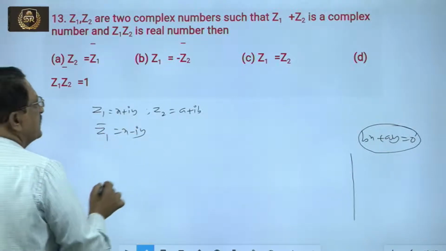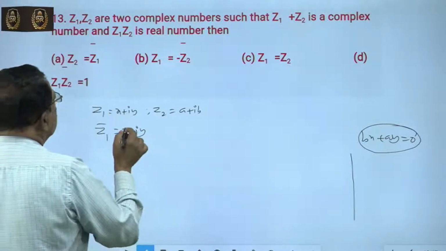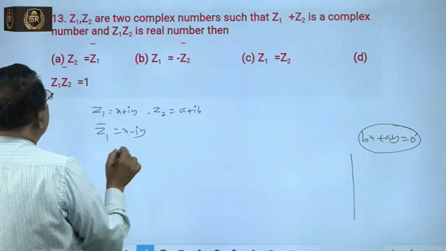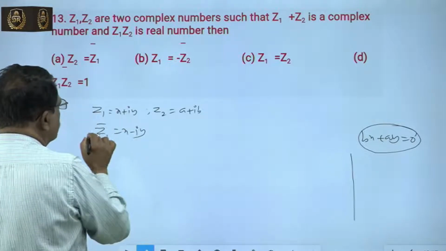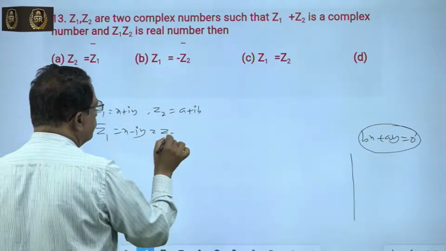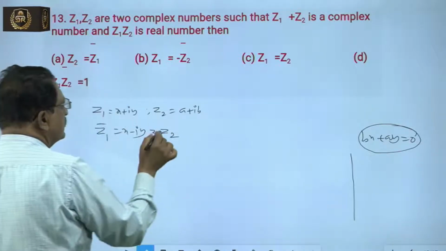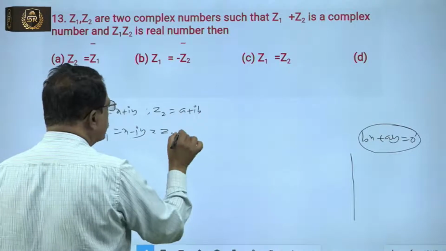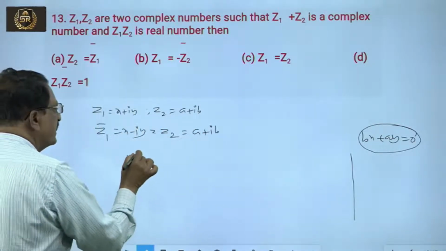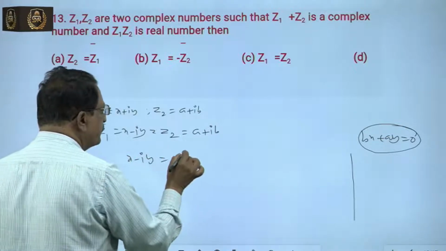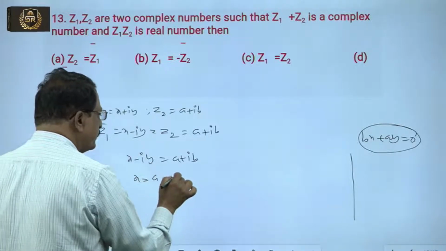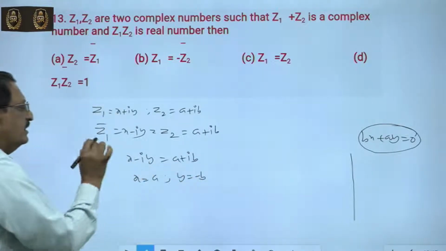Z1 bar equals Z2. But Z2 equals a plus ib, which means x minus iy equals a plus ib. Therefore x equals a, y equals minus b. Equate real and imaginary parts.